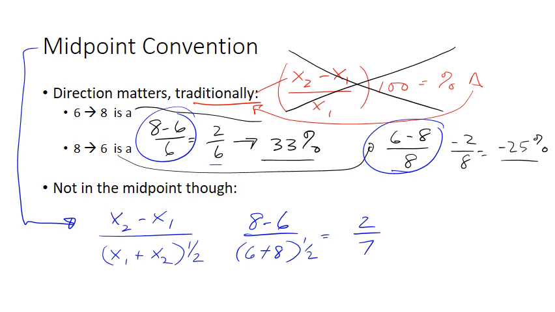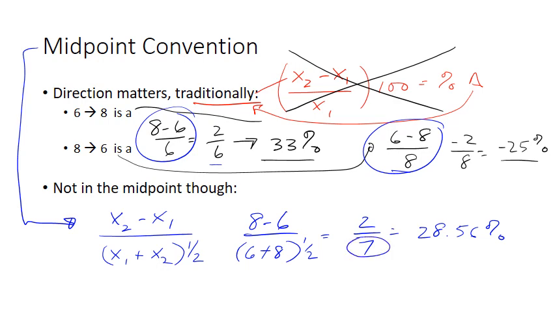And it doesn't matter which direction we're going, we are going to end up with the same exact number. In this case, that's going to be 28.56%. Doesn't matter if you're going from 6 to 8 or 8 to 6, because we're dividing by the midpoint of the two of them in either case.